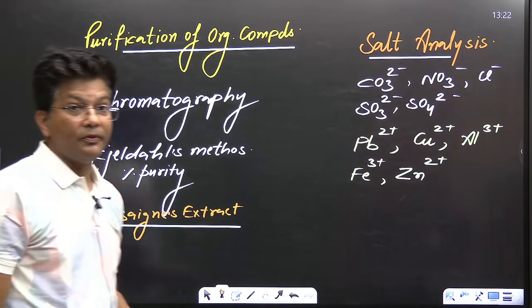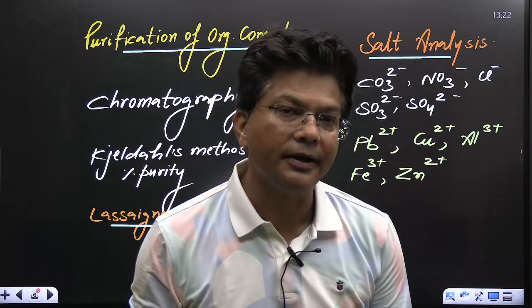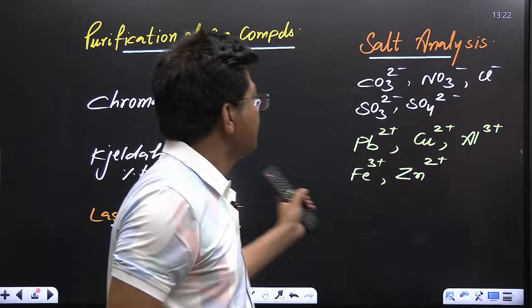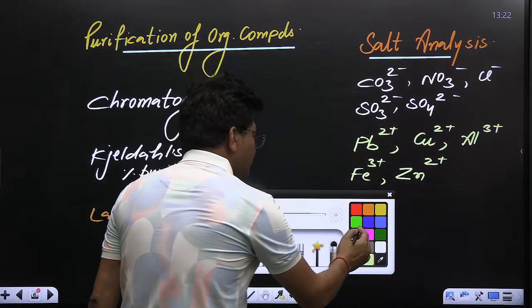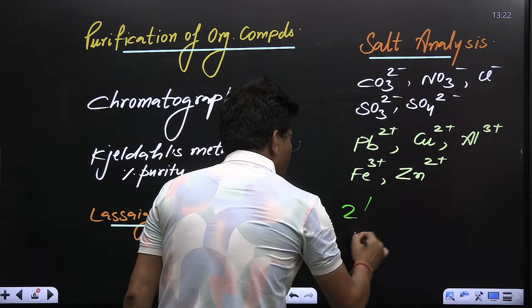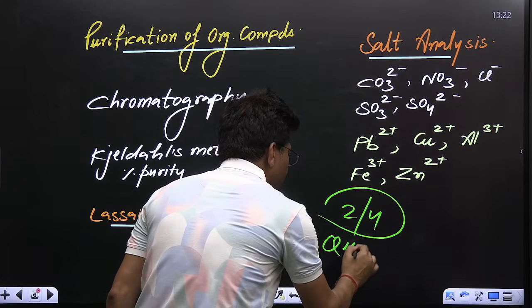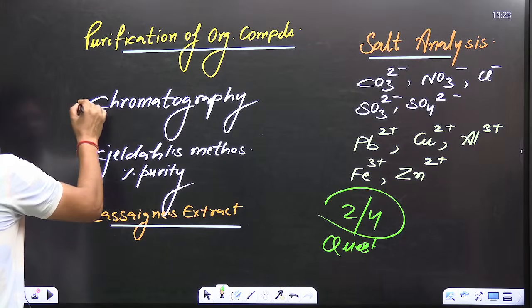Now, next, purification of organic compounds. Generally, whenever we are preparing at the last moment, we forget this. So definitely two questions will come from the combination of this. This time you can see 2 to 4 questions from this part, my dear students, and definitely one question from Kjeldahl or chromatography.